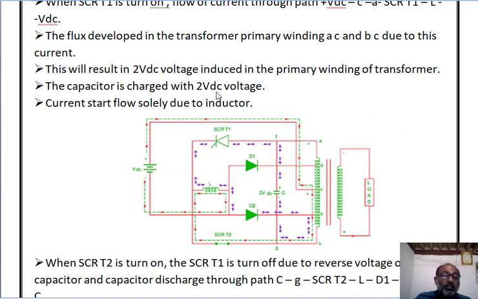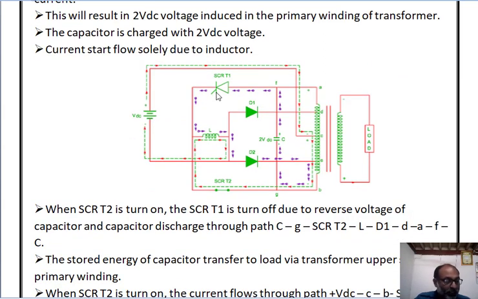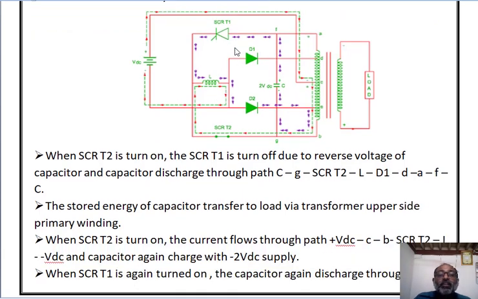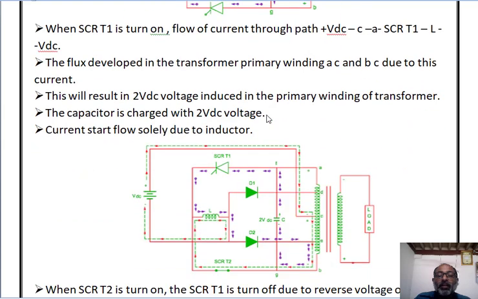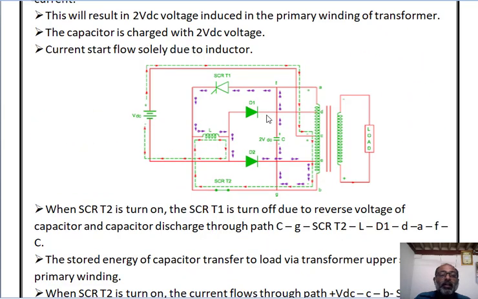Now next, when SCR-T2 is turned on, here you can see T2 is turned on. The reverse voltage appears across the capacitor, across this SCR-T1, which will turn it off.